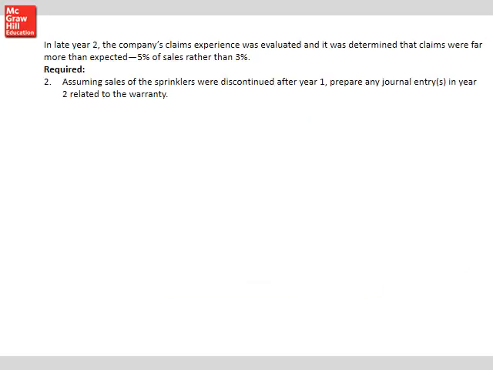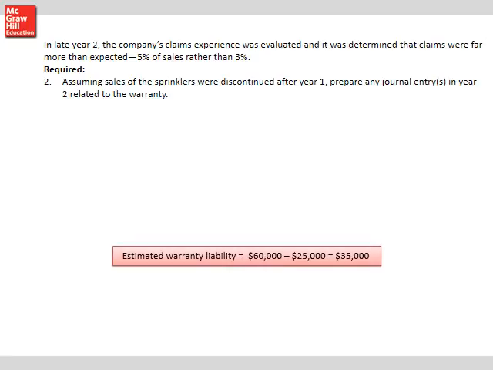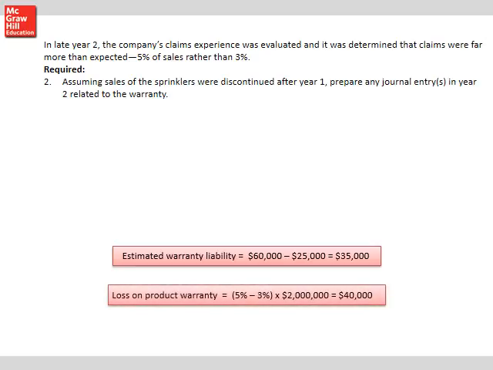Then number 2, we're going to assume that the sales of sprinklers were discontinued after year 1. We're going to prepare any journal entries. Okay, so we had the 60,000 minus the 25,000, which is $35,000. However, we have a 2% difference. We found out it's going to be 5% rather than 3%. So we have a 2% difference on $2 million.